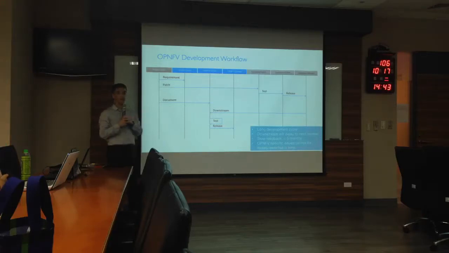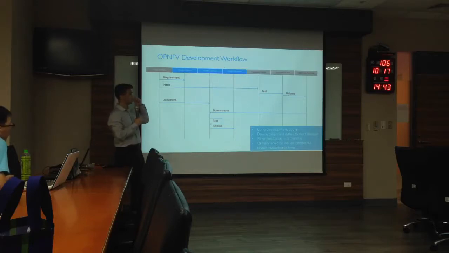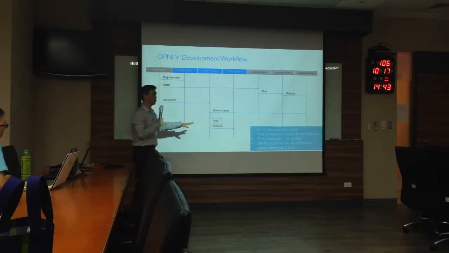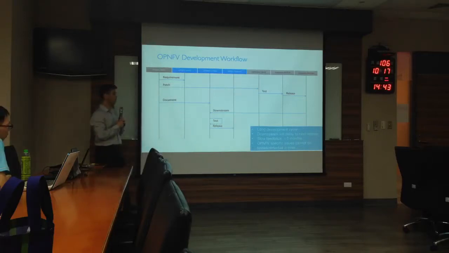And so that's obviously not ideal. We want to be able to quickly contribute a patch and then deploy in OPNFV almost instantaneously, rather than waiting 4 to 6 months for the next release of OpenStack to be available. This is a model that we used to operate under, working on a stable branch of OpenStack or whatever upstream community we're working with.